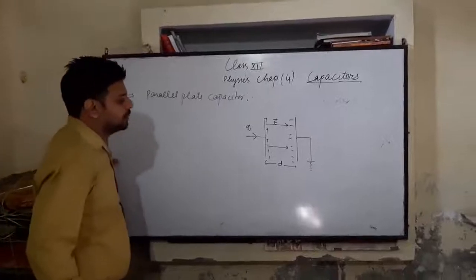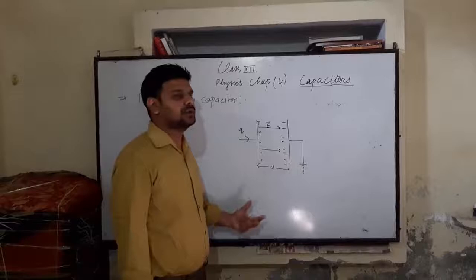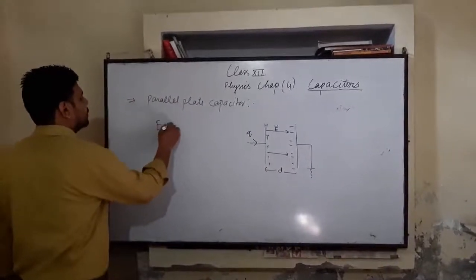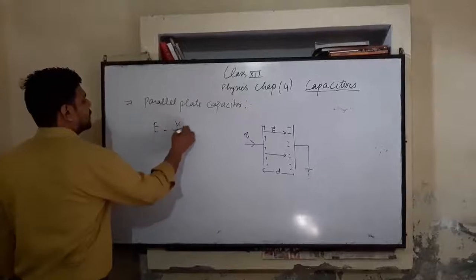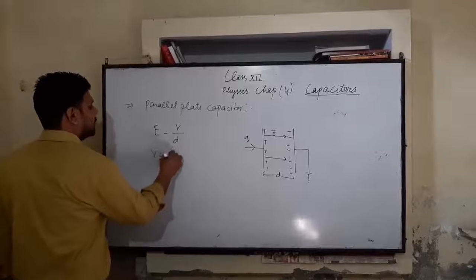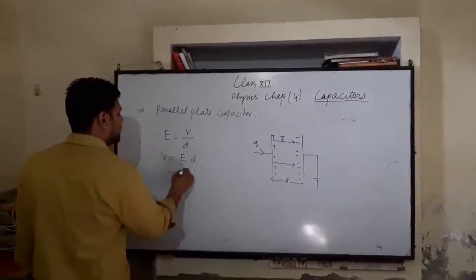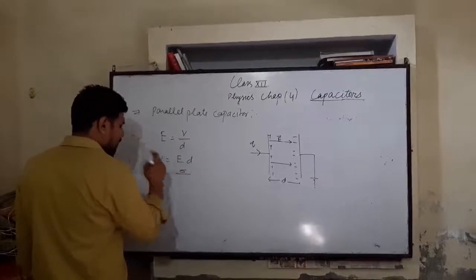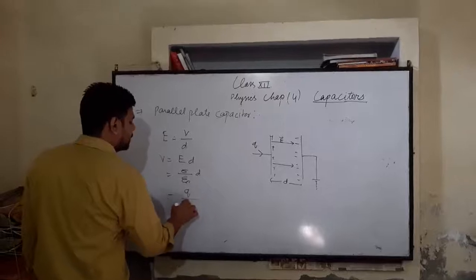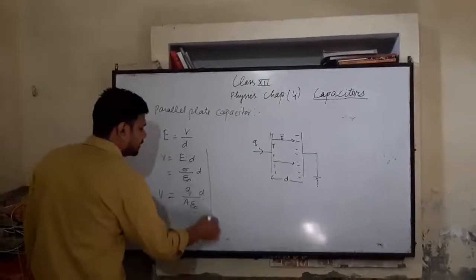As I told you, the electric field between the plates is almost uniform, so we can use the relation E is equal to V over d. So V is equal to E into d. This is the electric field between the plates, sigma over epsilon naught, into d, and this is Q over A epsilon naught into d. This is the value of V.